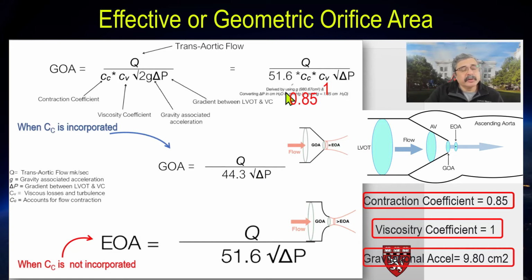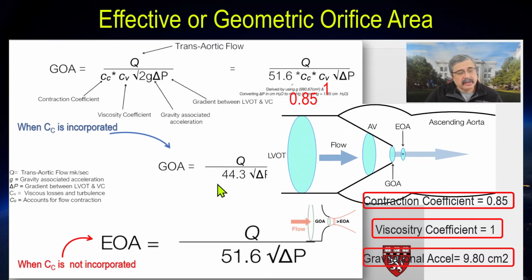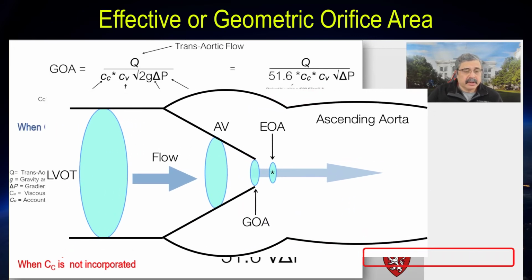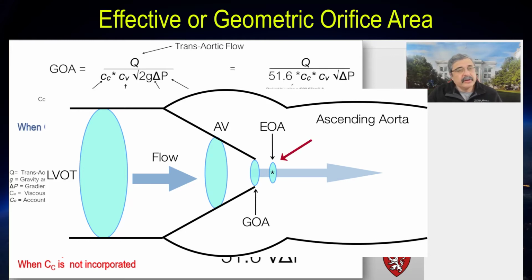And if you were not to incorporate the contraction coefficient of 0.85, the area would be flow divided by 51.6 times delta P. Now that's the most important part over here. Because in situation number 1, when we incorporate the contraction coefficient, we have actually measured the area of the vena contracta, but we know that there is a flow contraction to the degree of a coefficient of 0.85.